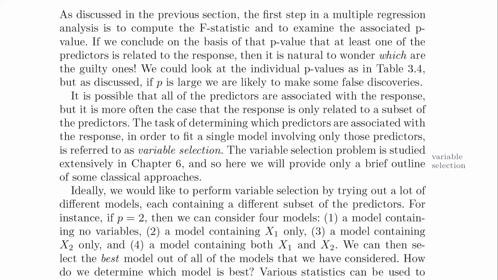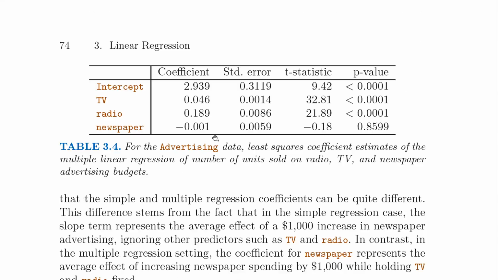We could look at the individual p-values, as in table 3.4. These p-values. So you'd get an F statistic that says that, yes, there is a relationship between at least one of these and the sales variable. But then you need to see, okay, are they all relevant?